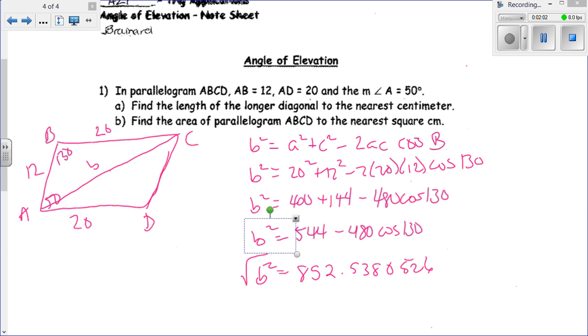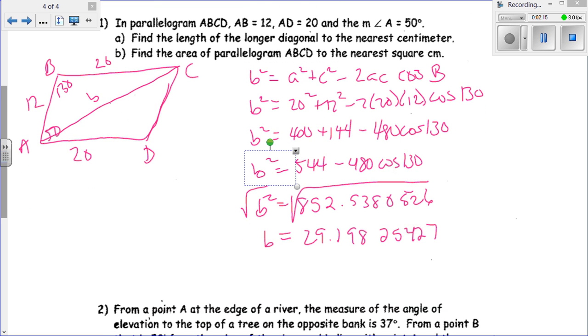And to find B, we take the square root. So B is equal to 29.19825427, and it says to the nearest centimeter, so B is equal to 29 centimeters. So this is part A.